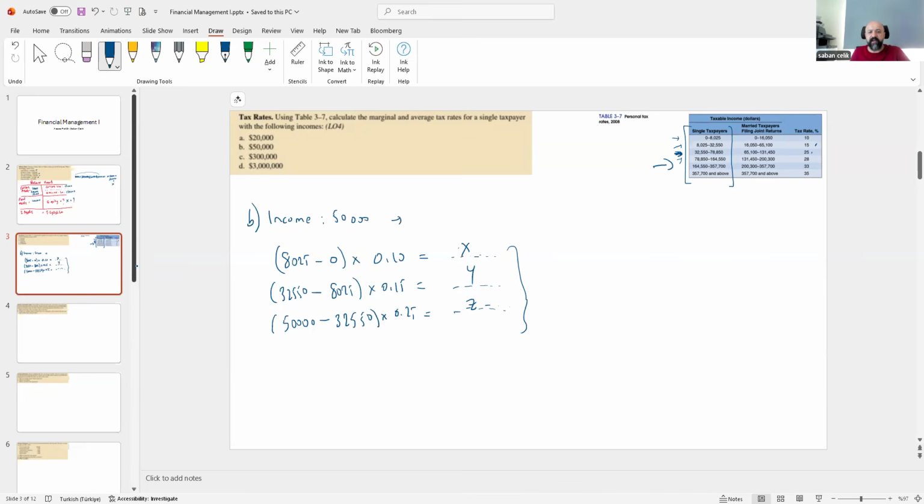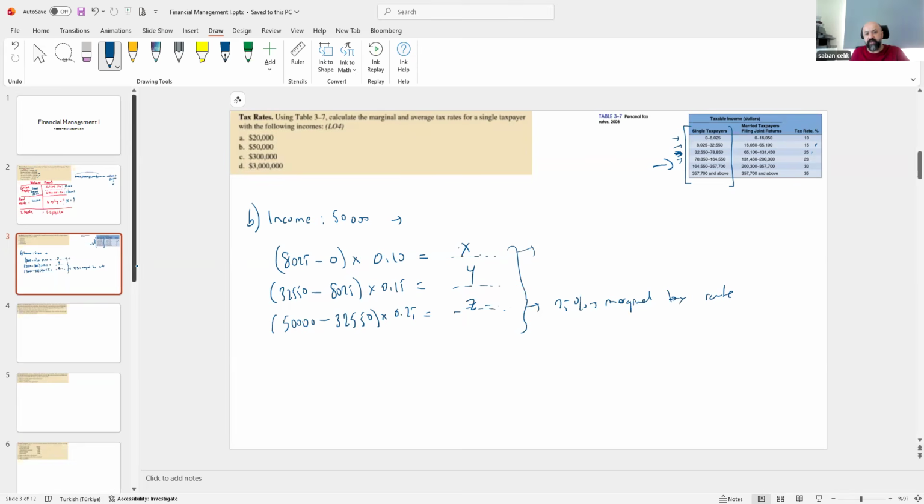Y, Z. The marginal tax rate, for this income level, would be 25%, which is considered the marginal tax rate. On the other hand, what is the average tax rate?